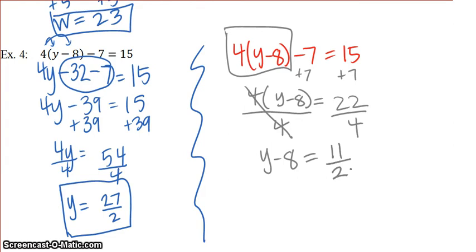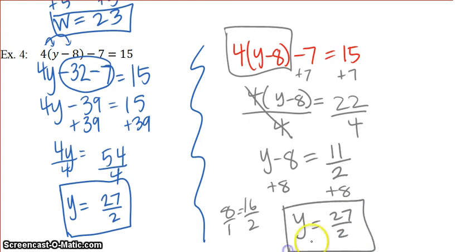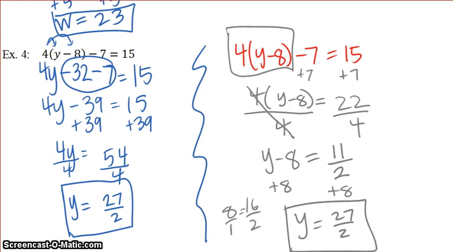And again, it just takes a lot of practice. So now I'm going to add 8 to both sides, and I know that 8 over 1 is the same as 16 over 2. So 16 over 2 plus 11 over 2 will give me 27 over 2. So y equals 27 over 2, which is the same thing as what we got before.